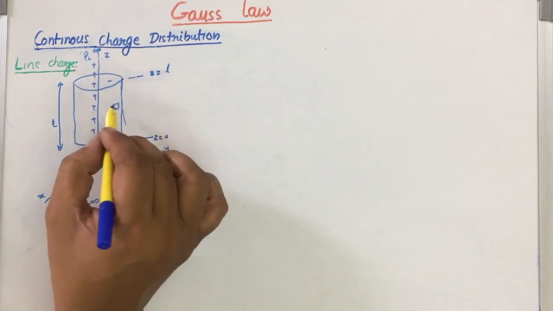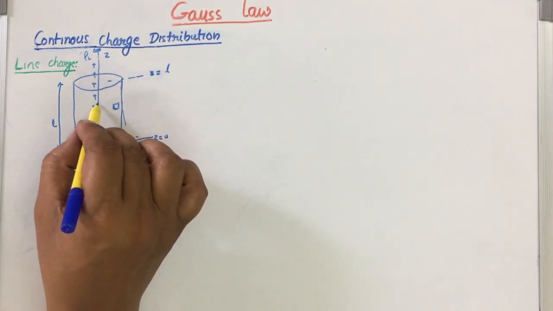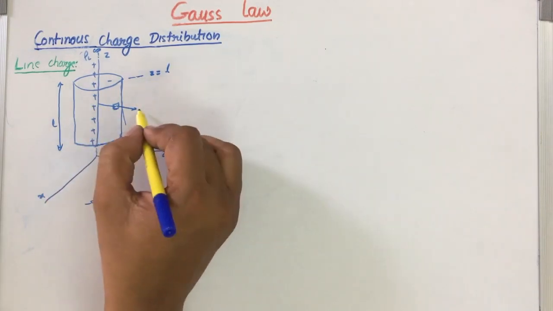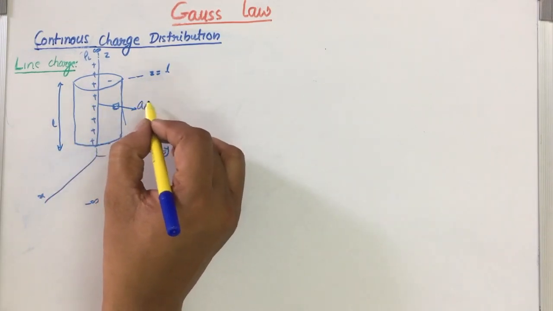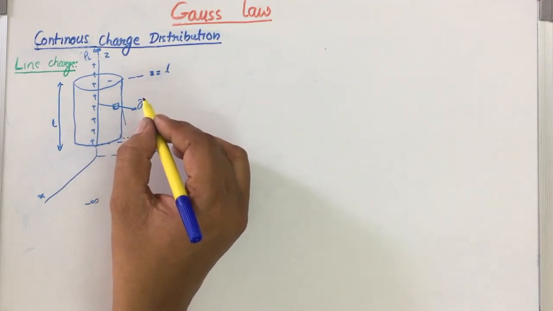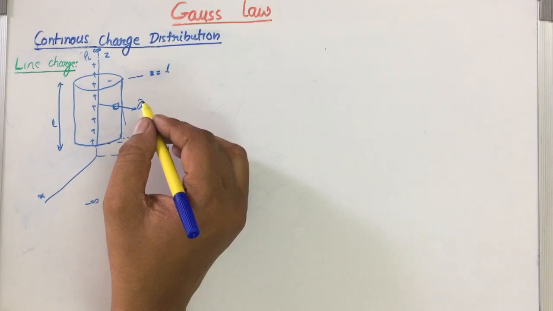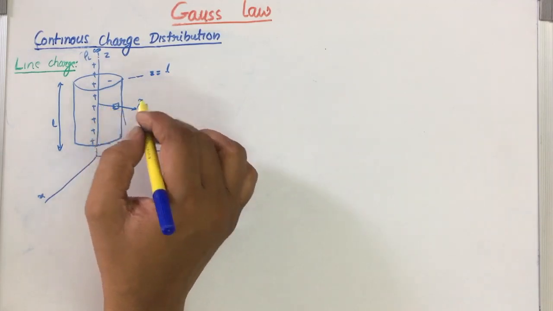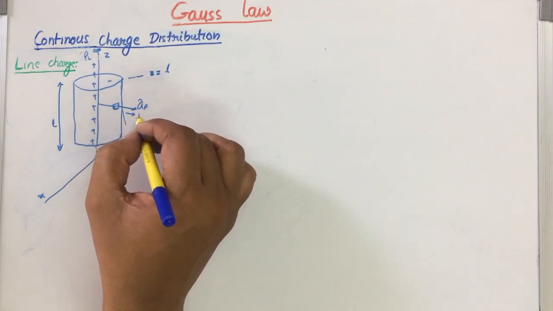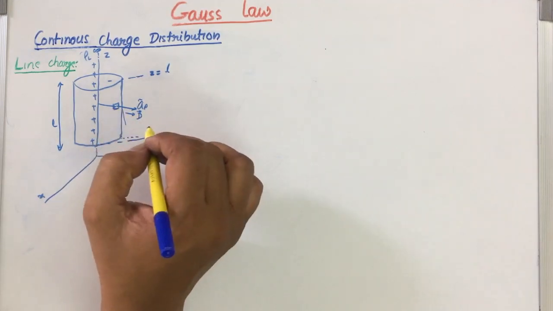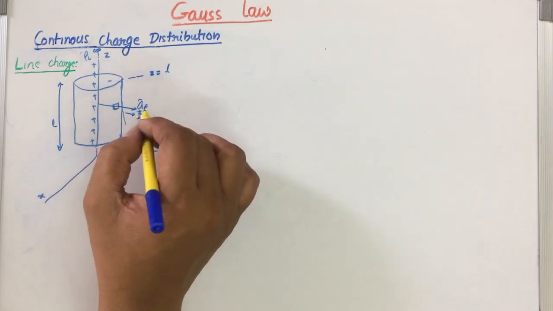From this area, the direction of the radial vector will be a rho. We know that the flux density is also normal to the surface. So E should also be normal to the surface, and the area vector is also normal to the surface.